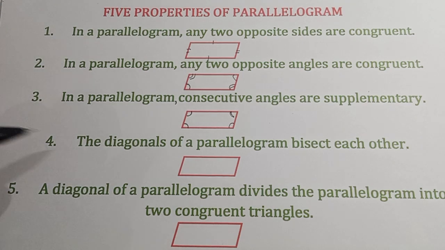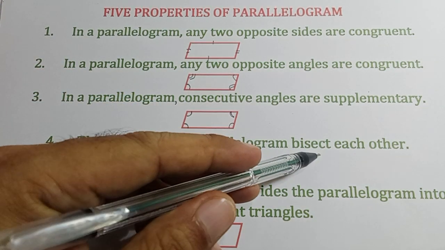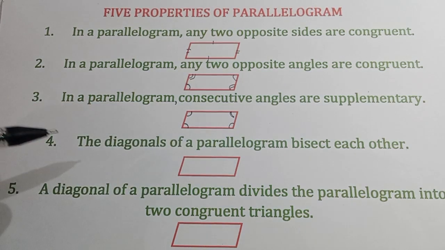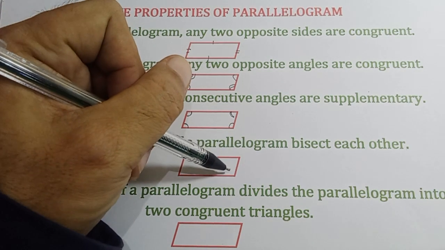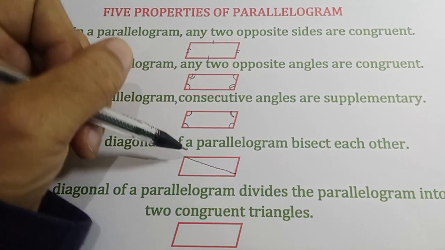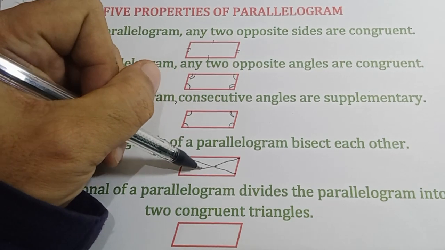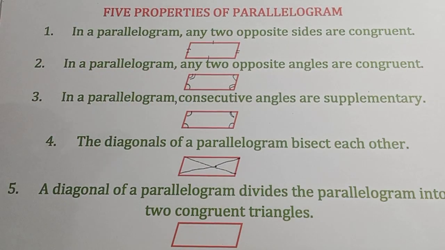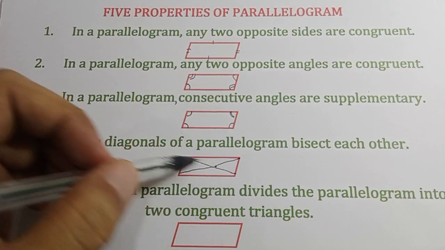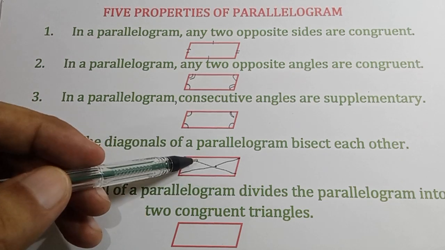So number 4 is, the diagonals of a parallelogram bisect each other. So the diagonals, let's draw the diagonals. So you have these two diagonals, and it says that these diagonals bisect each other.